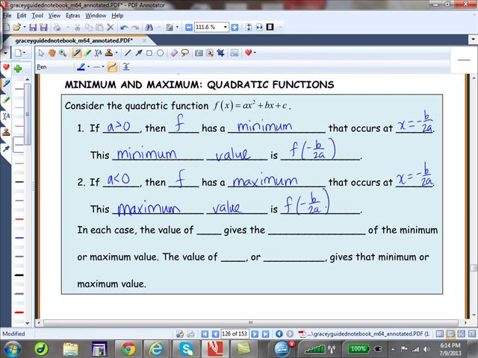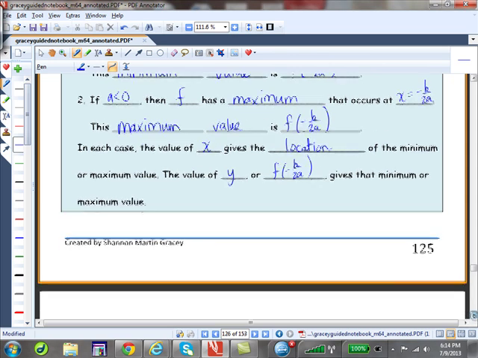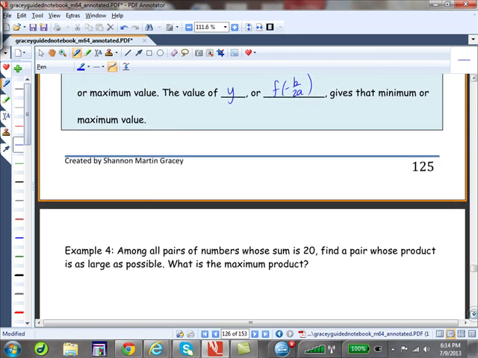In each case, the value of x gives the location of the minimum or maximum value. The value of y, or f at negative b over 2a, gives the actual minimum or maximum value. So you just need to read the wording very carefully.